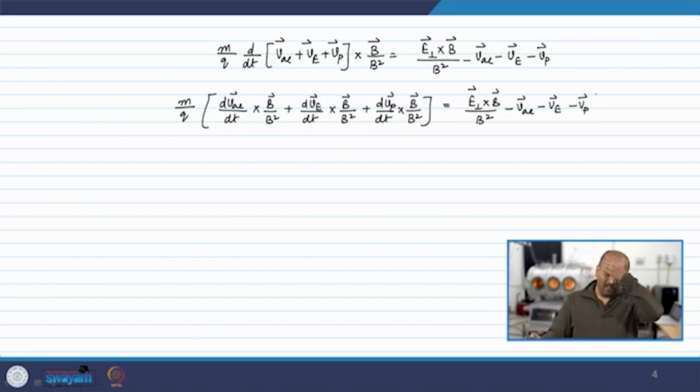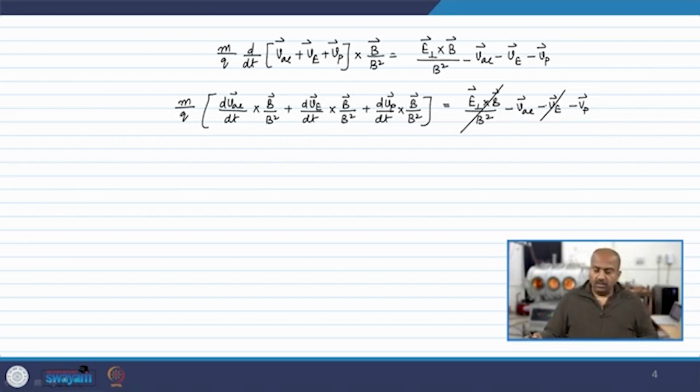Now we know that the E cross B drift velocity is equal to E cross B by B square. This is right. These two things will get cancelled, because both of them are one and the same, right.